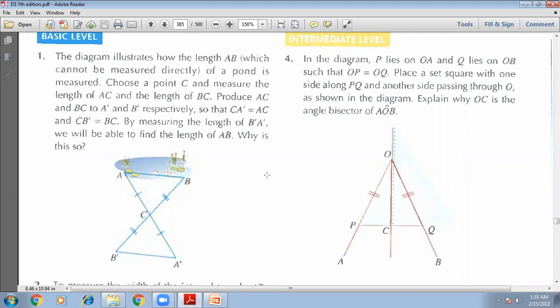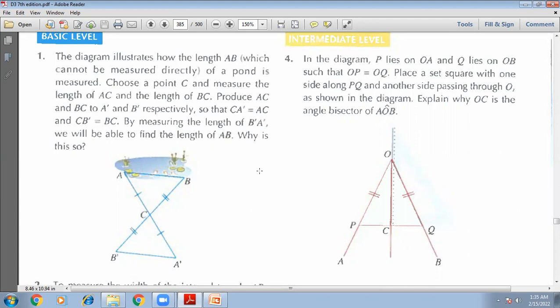Choose a point C and measure the length of AC and the length of BC. Produce AC and BC to A prime and B prime respectively, so that CA prime is equal to AC and CB prime is equal to BC. By measuring the length of B prime A prime, we will be able to find the length of AB. Why is this so?